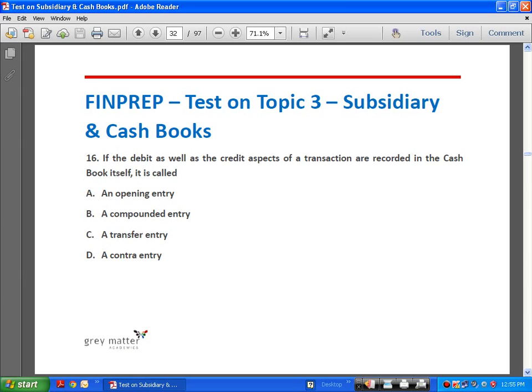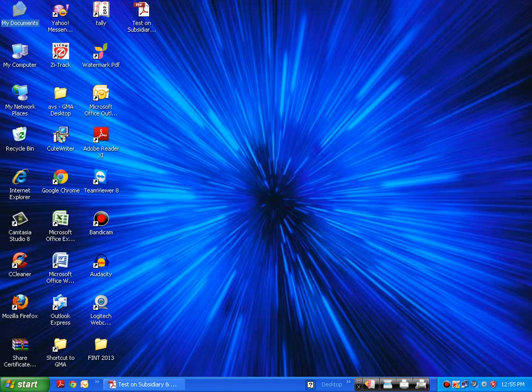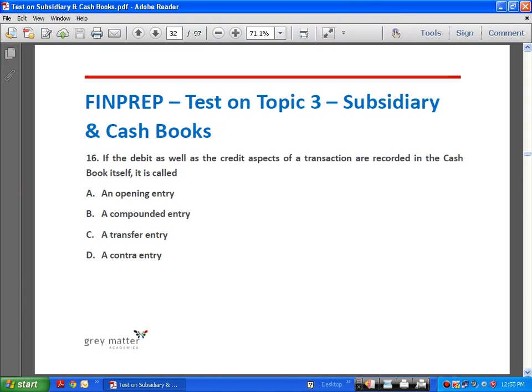Next, question number 16. If the debit as well as the credit aspects of a transaction are recorded in the cash book itself, it is called... Okay, so we'll take an example to understand this. Let us assume that cash is being deposited into the bank and we are maintaining a two-columnar cash book.